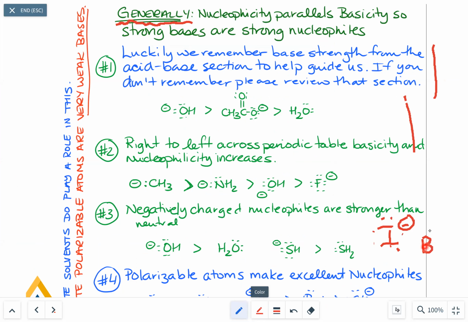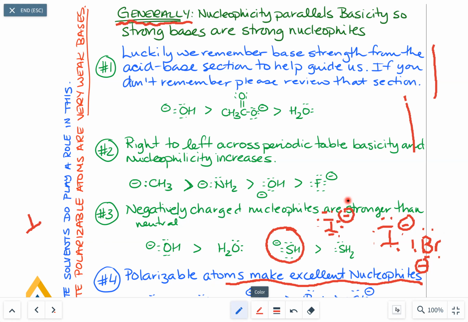Now, the difference is I minus is a horrible base, right? Because it can stabilize that negative charge through its large atomic size. So this is the one place where basicity and nucleophilicity completely diverge.